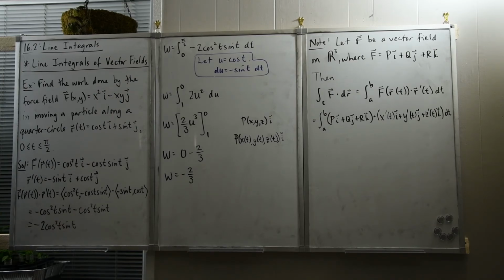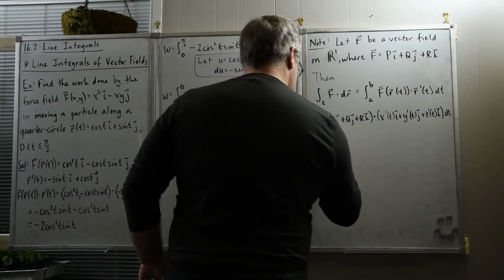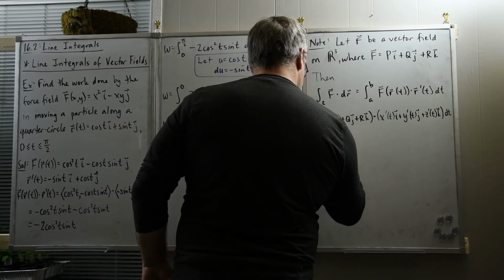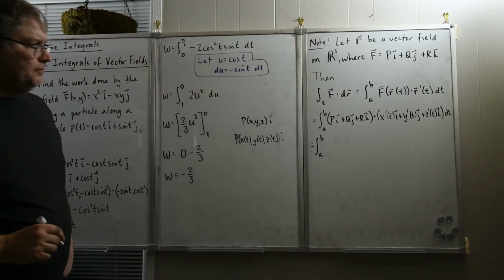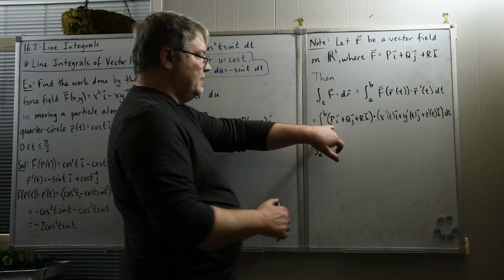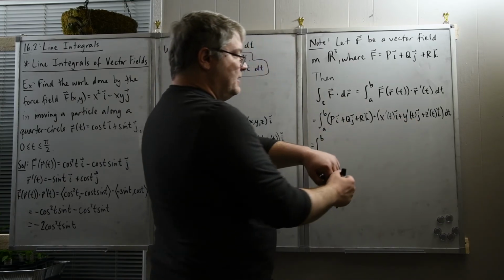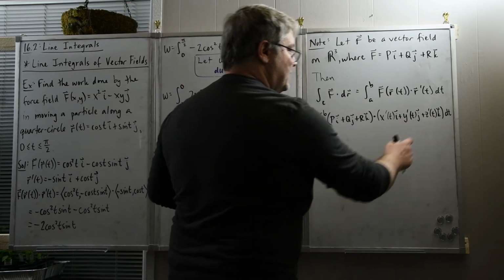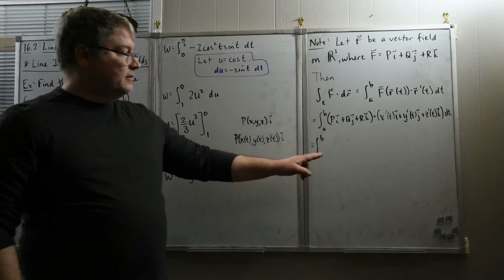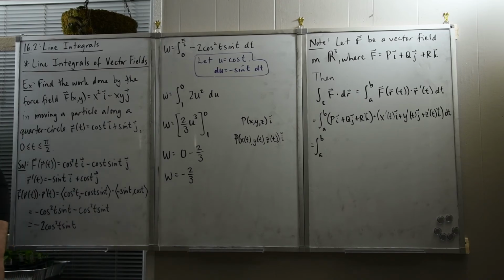So what that means is that this is going to be the same thing as the integral from a to b. Well, when you take your dot product, you multiply the P times x prime, the Q times y prime, and the R times z prime. Now, I'm not going to have nearly enough room to write this down on one line, so please bear with me on that.